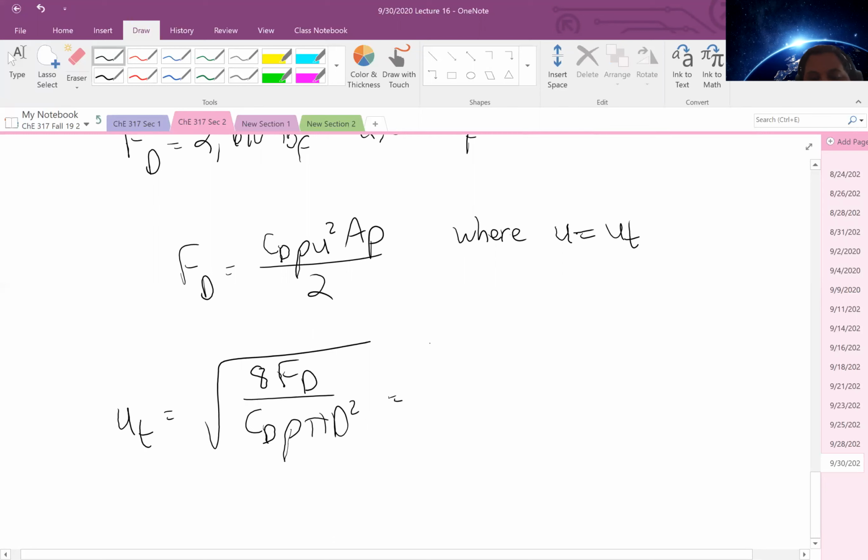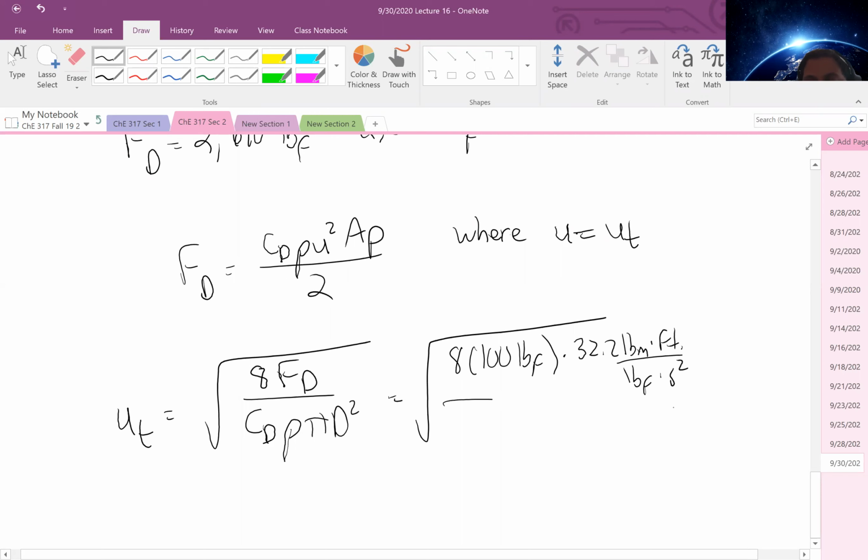So I can say my terminal velocity is the square root of 8 times 100 pound force. I need to convert that back into mass units, so 32.2 pound mass feet per pound force second squared, divided by the drag coefficient, which was given as 0.6, divided by the density of the fluid.